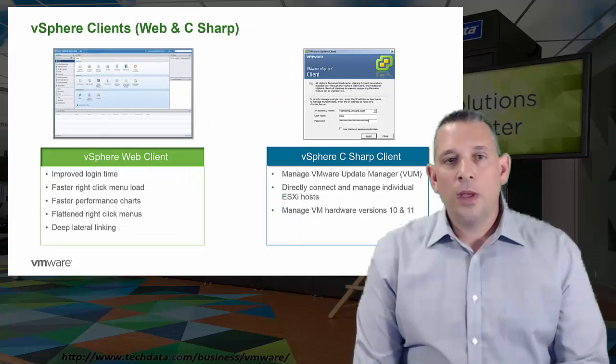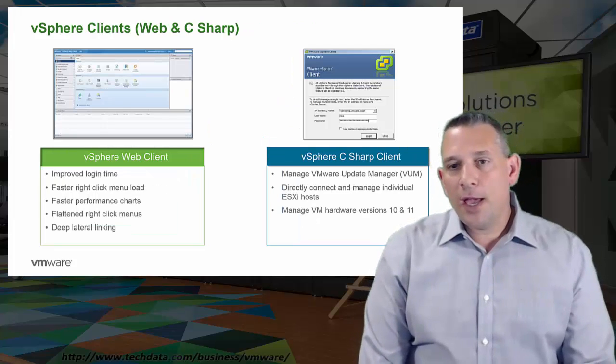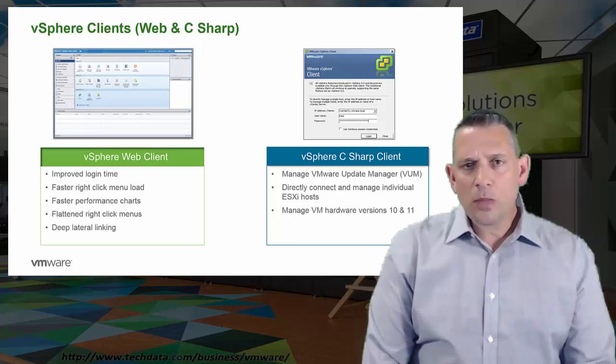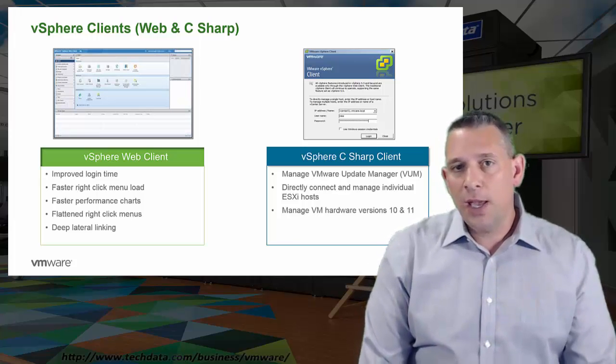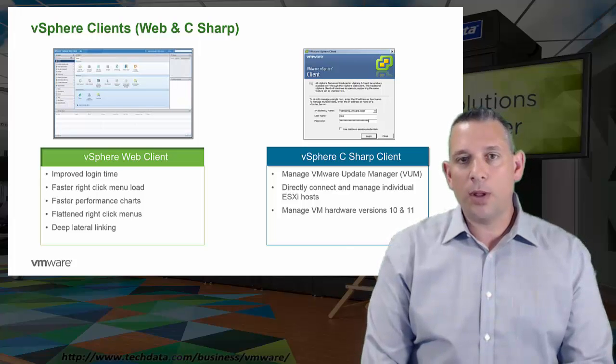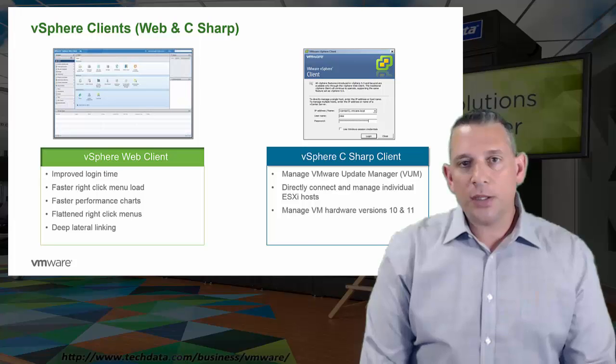The vSphere client has not changed much in regards to the C# client. However, the web-based client has changed quite a bit. One of the problems with the previous versions of the web client was it was a little bit clunky. It didn't perform so great whenever admins were doing tasks.